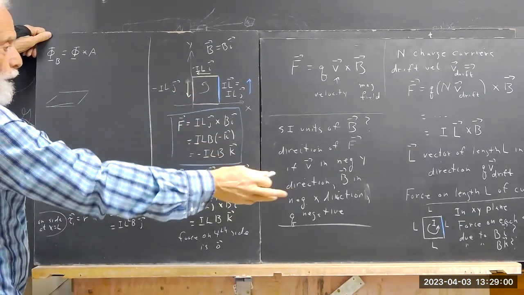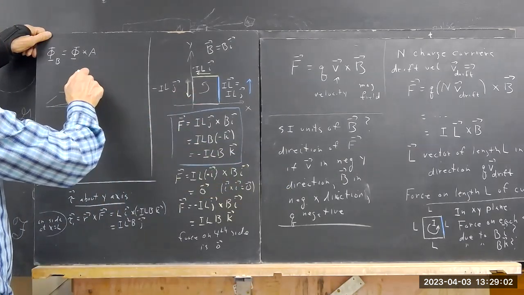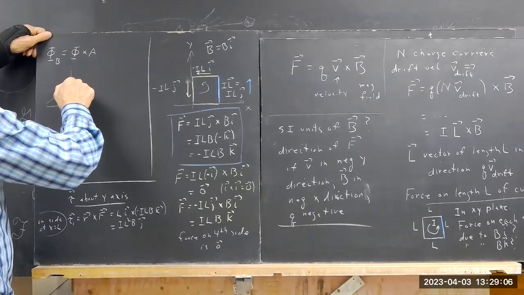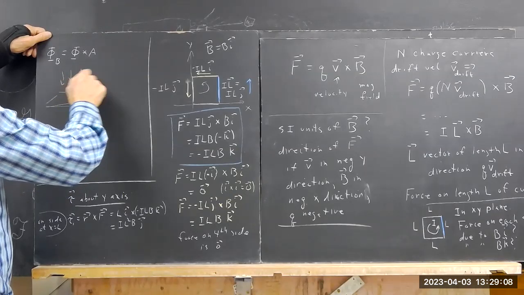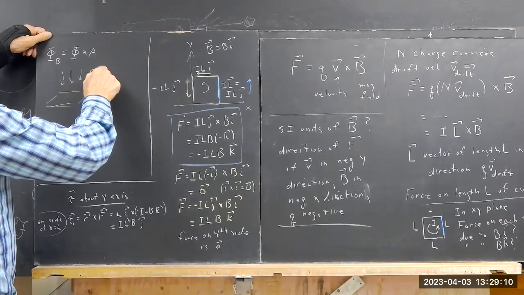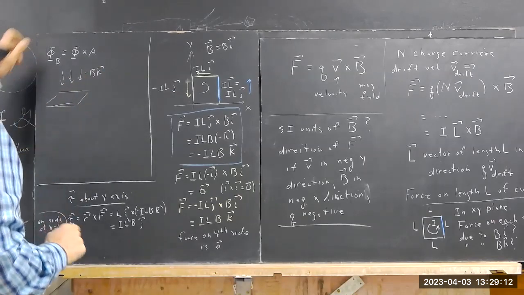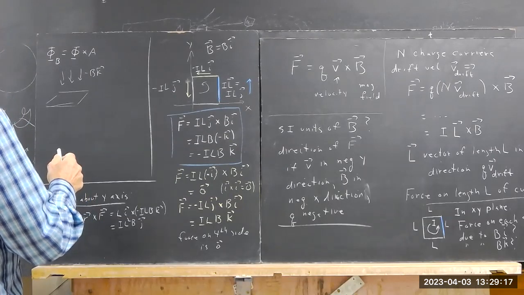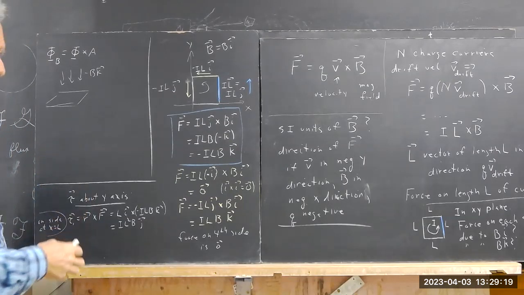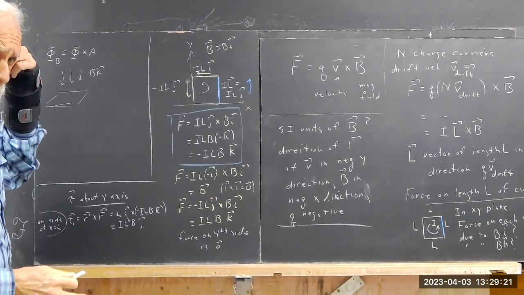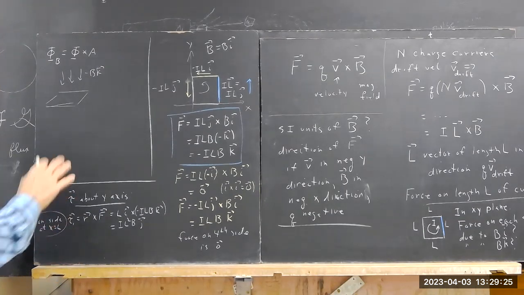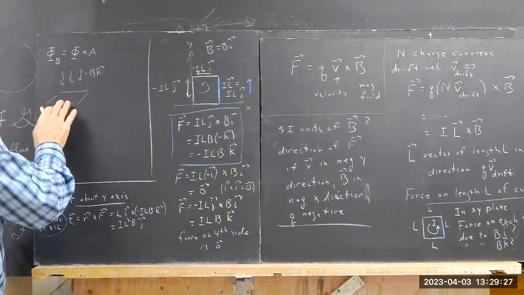Let's say you do have the BK. So let's say this is negative BK. I haven't talked that much about orientation of surfaces yet in multivariable calculus, so I'm just going to be a little bit fuzzy about what we're doing.